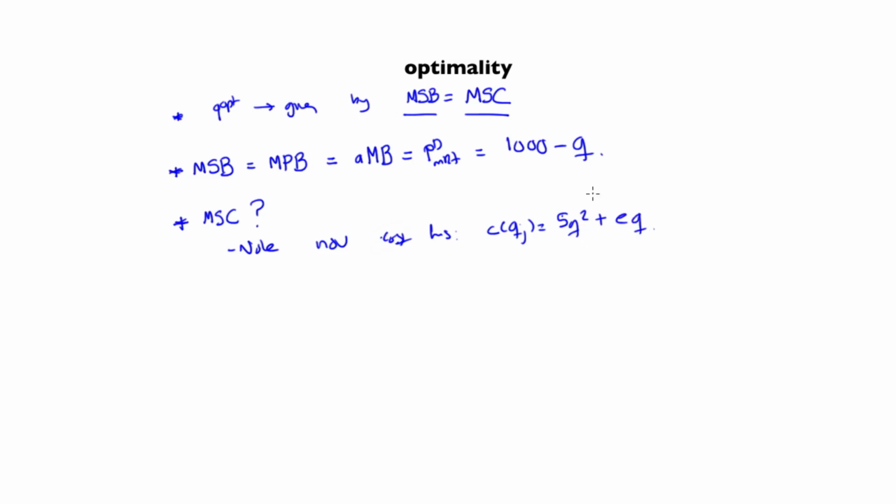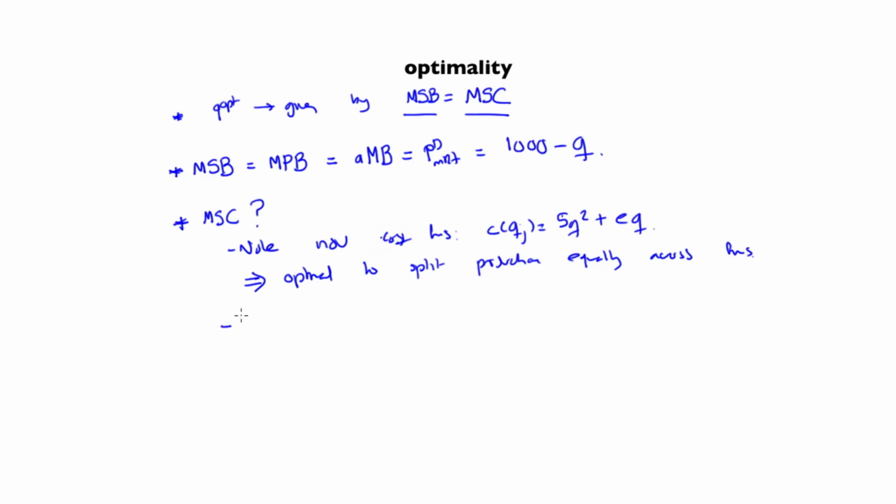This increases non-linearly with Q, and this implies that it is optimal to split production equally across firms. In other words, you want to give every firm an equal share to minimize the cost of production by avoiding the quadratic term kicking in.